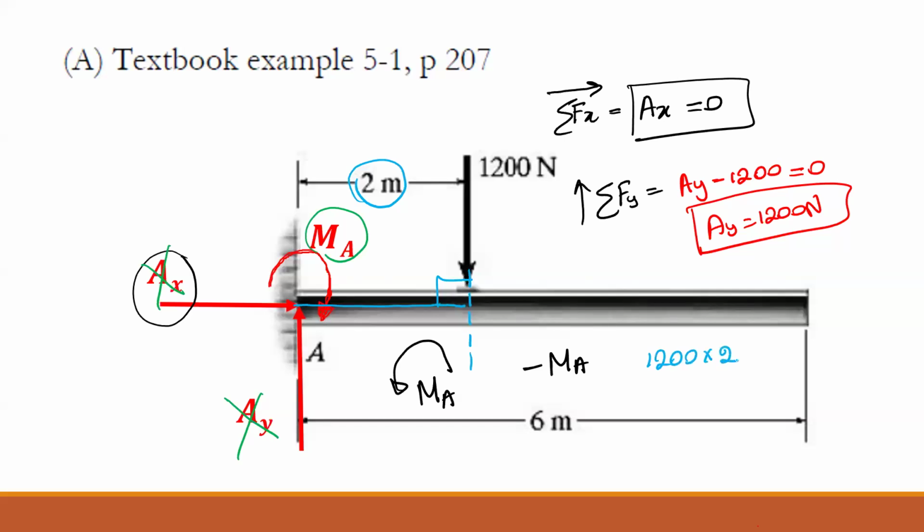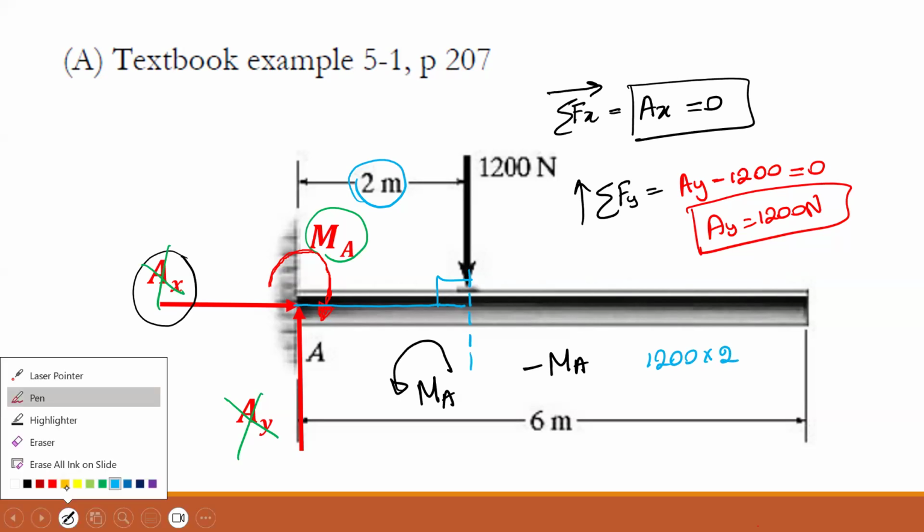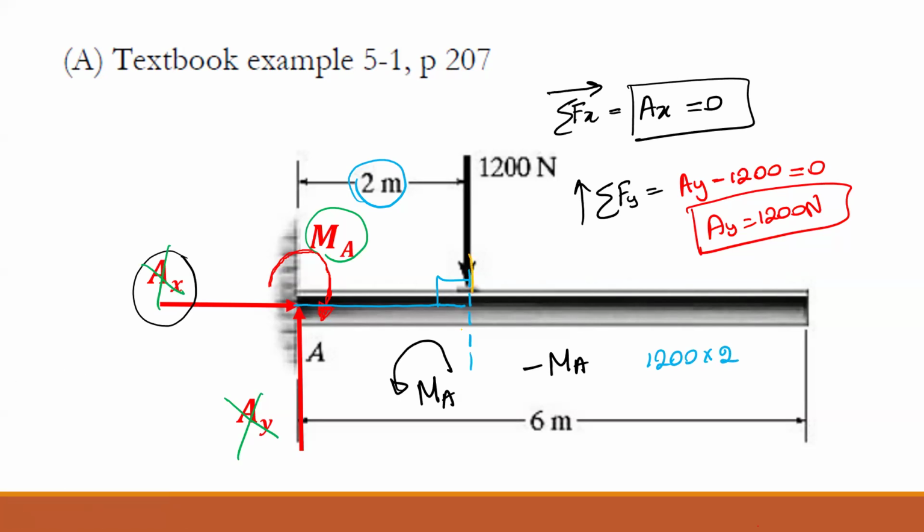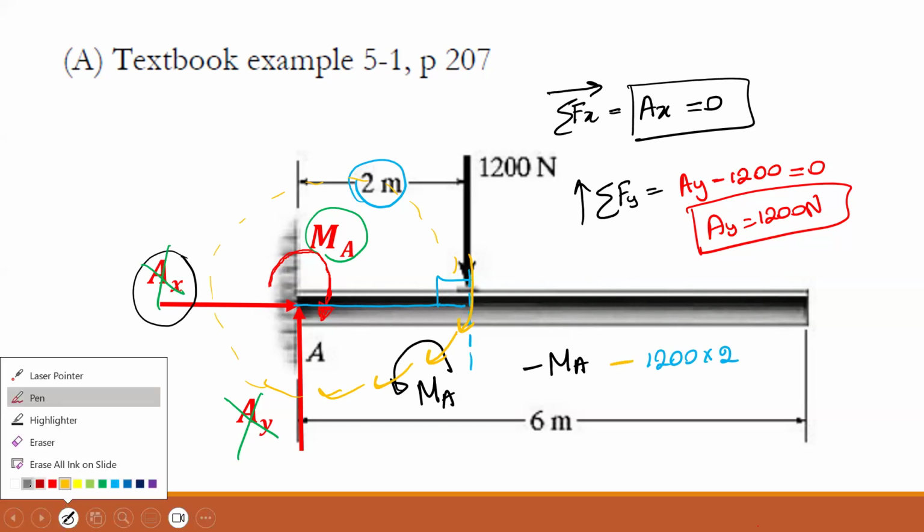Now to find out whether it is clockwise or counterclockwise, what we do is we draw a circle around. Last week we discussed this. So if you consider the arrow, it is going about A in the clockwise direction. If you draw a circle, it is going in the clockwise direction. So this is also a negative. So that's all we have, 2 moments, and that should be equal to 0.